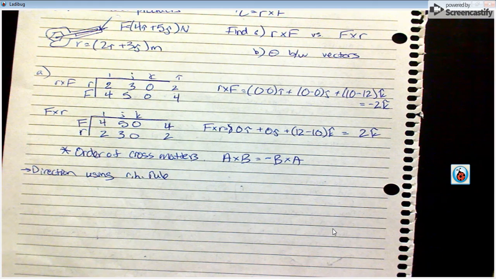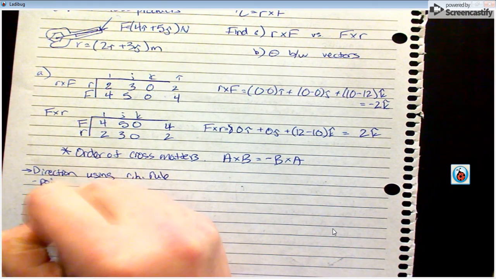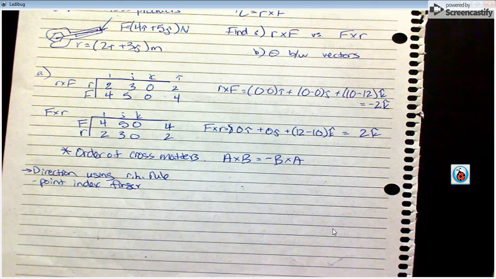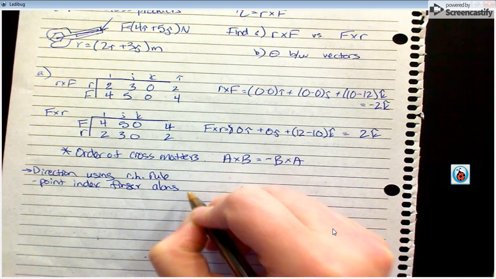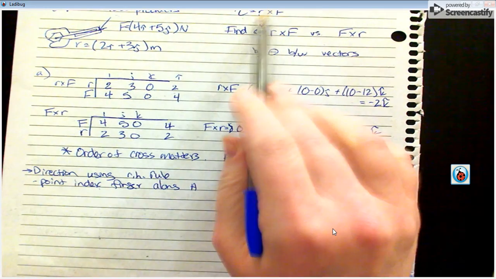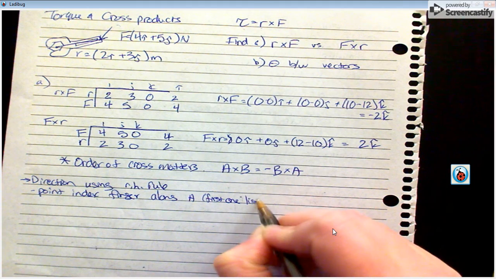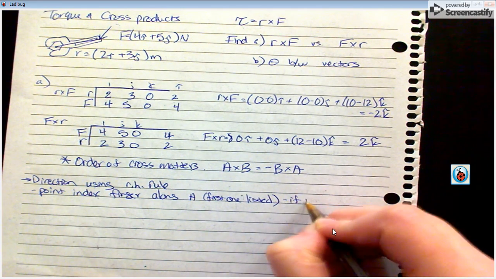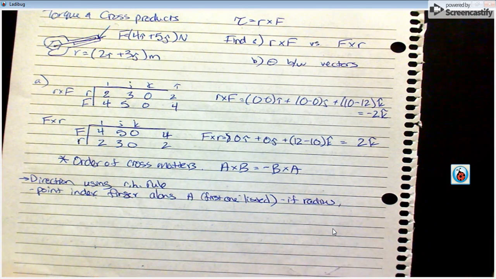It involves some physics gang signs. So first you're going to point your index finger along vector A, whatever the first one is listed. So if it's a radius, the direction of a radius is always from the center outward.